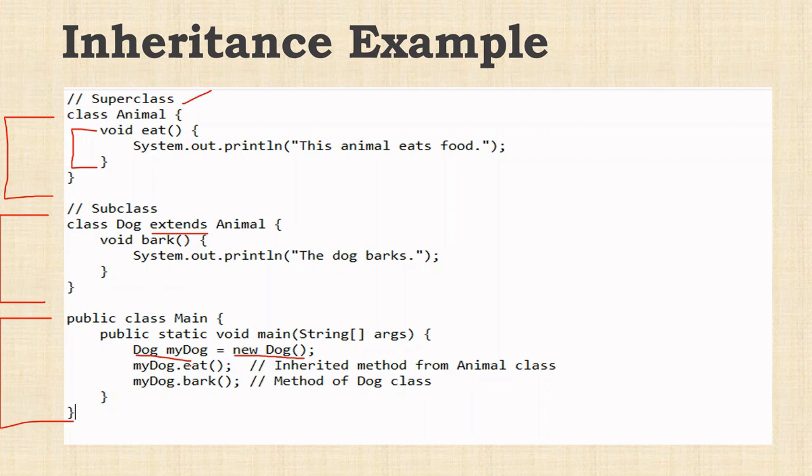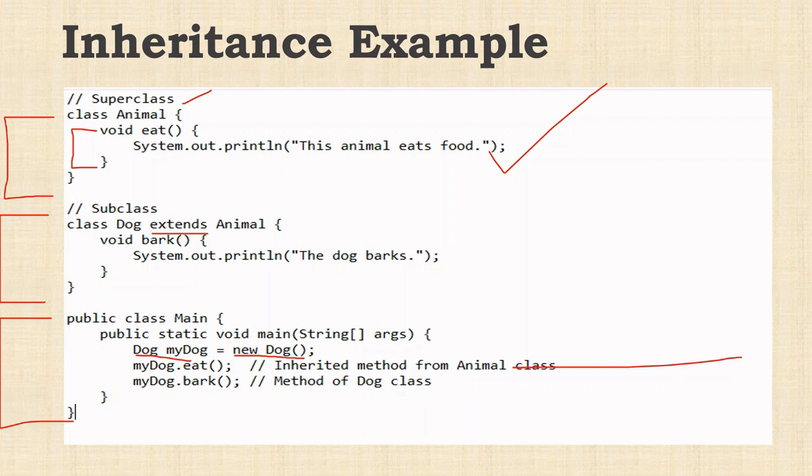Because of inheritance, we are getting the eat method from animal class, and this animal's eat food will be printed here.